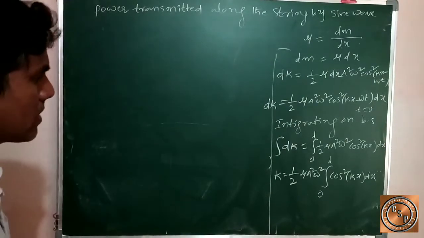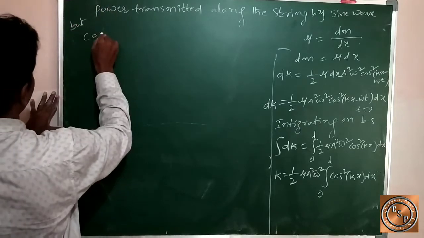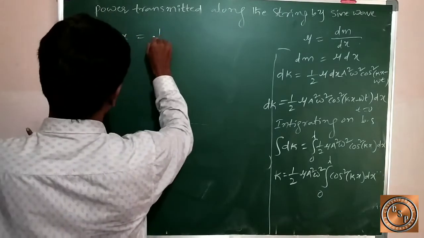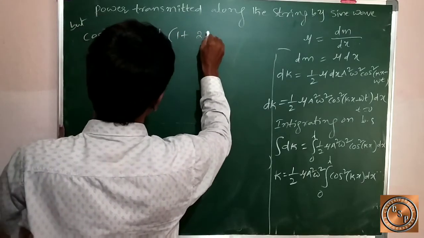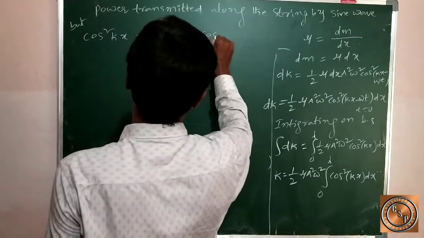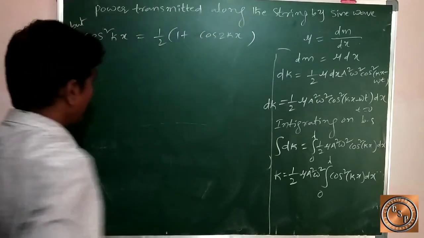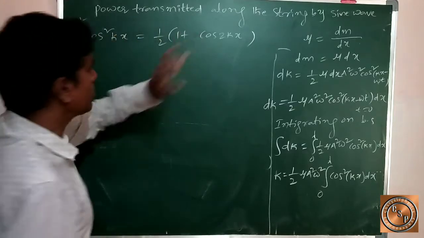Cos square kx dx. But cos square kx equal to 1 by 2 of (1 plus cos 2kx).